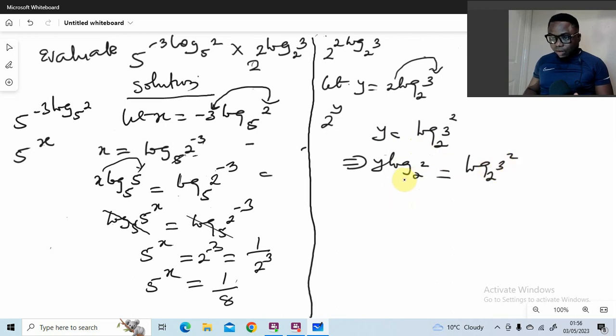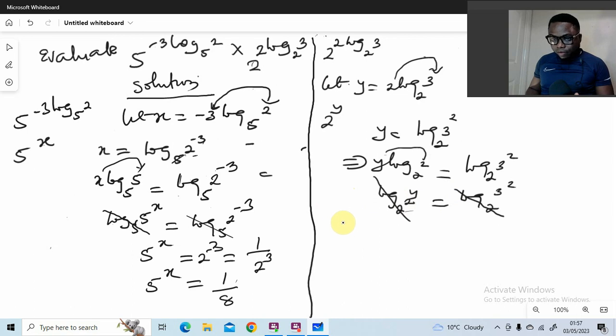Now applying the power law here, that will be log 2, then y will go up. Meaning here y will go up to this place, to become equal to log 2 of 3 exponent 2. You can see this log can now cancel out this log. That is the goal.